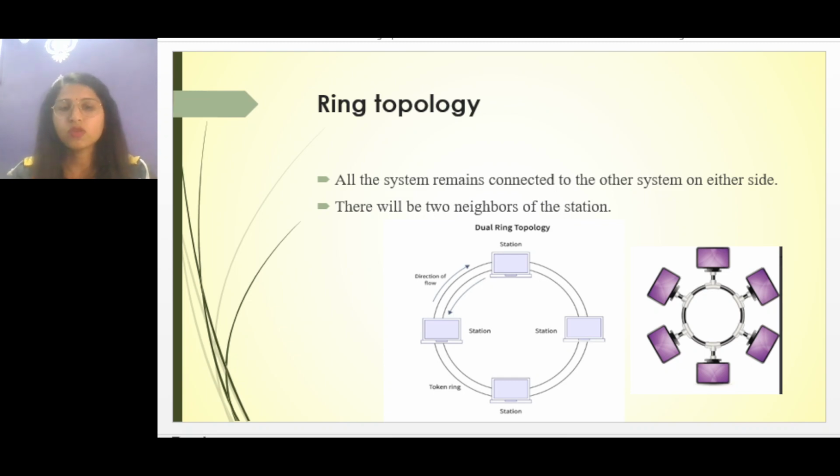It follows one direction, but in dual ring topology, it can follow both directions. Adding and removing nodes is difficult if the ring topology is active. Just remember these few points, and it is not feasible to scale. If you keep on adding more devices, it is not feasible for the system.